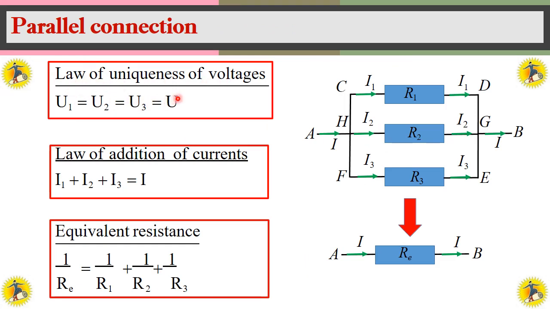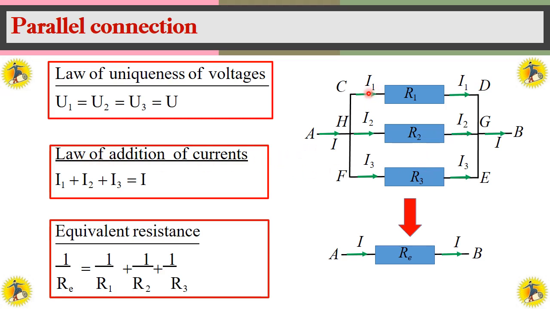Okay, to find the total voltage in parallel, the voltages are the same. If these resistors are connected in parallel, the voltages of R1, R2 and R3 are the same.